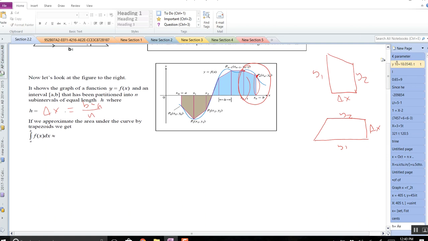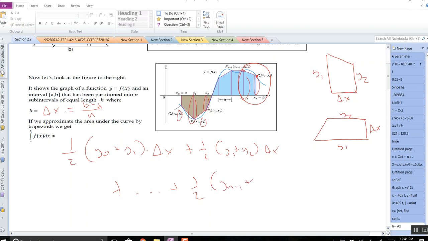So to find the area of f of x from a to b, you're doing 1/2 (y0 plus y1) times delta x, plus 1/2 (y1 plus y2) times delta x, and if you keep going until you finish, 1/2 (y(n minus 1) plus yn) times delta x.